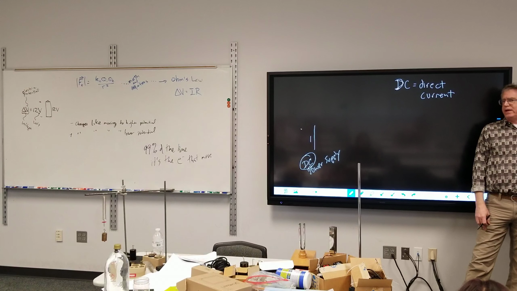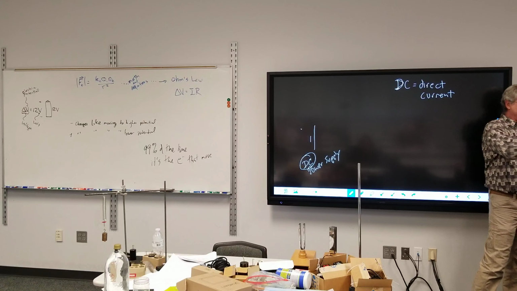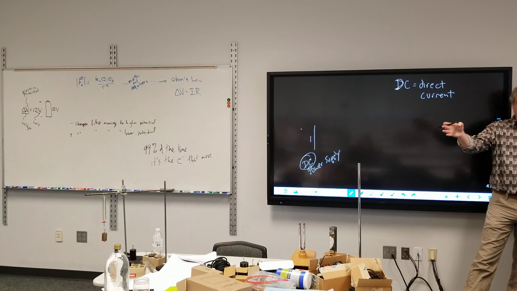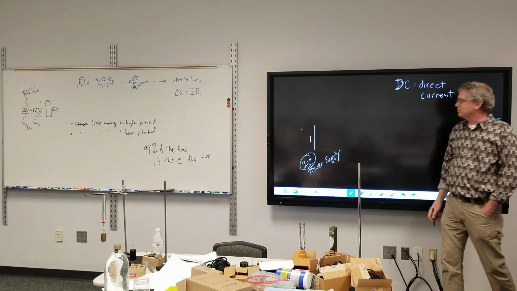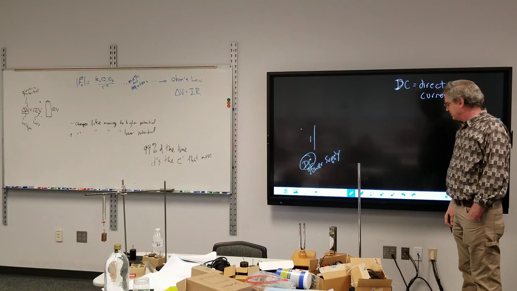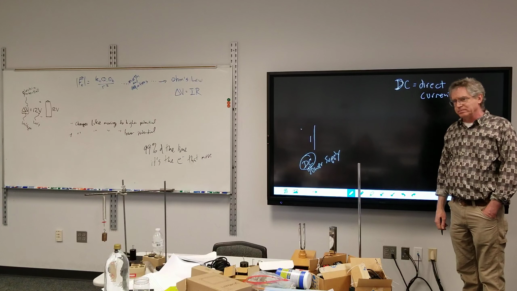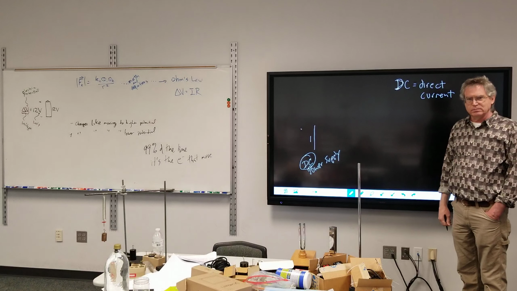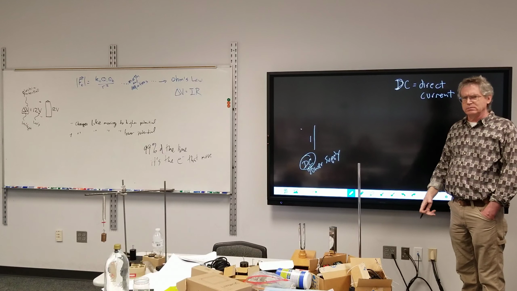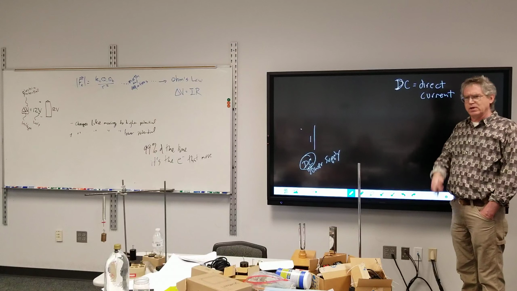As opposed to alternating current, where the electrons move one way, and then they move back, and the electrons just oscillate back and forth, hitting stuff as they go. Our outlets, alternating current. Europe, direct current. Canada, I think, is alternating. It would make sense that they'd be the same as with us.